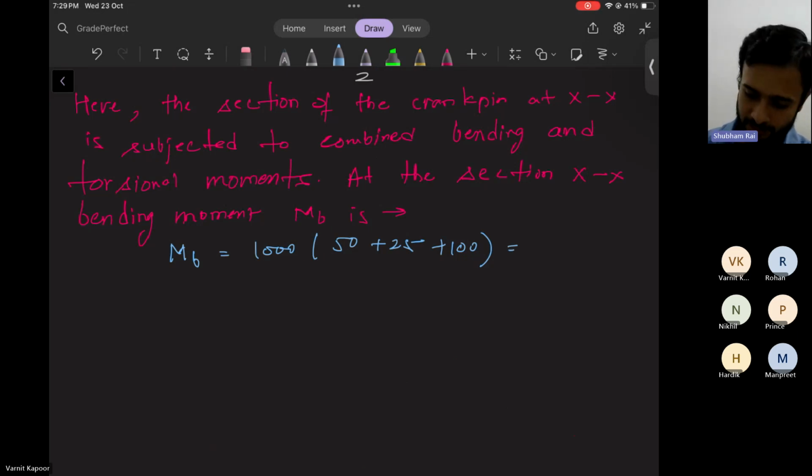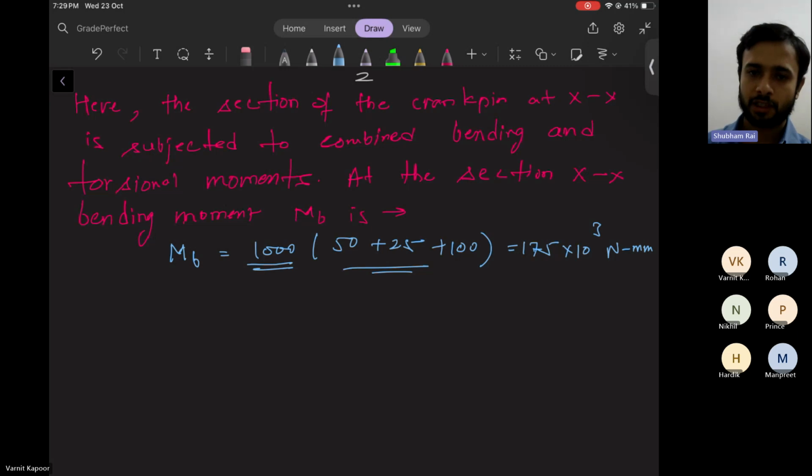If you calculate, this will be 175 times 10 raised to the power 3 Newton mm, right? Because this is in Newton and this is in mm, so it will be Newton mm.